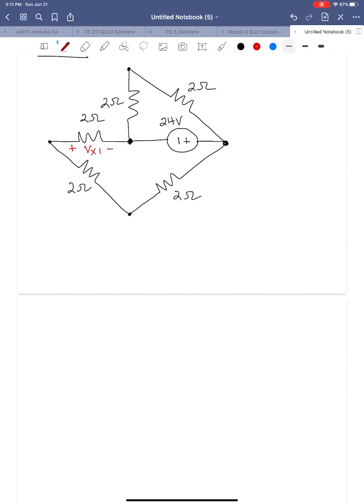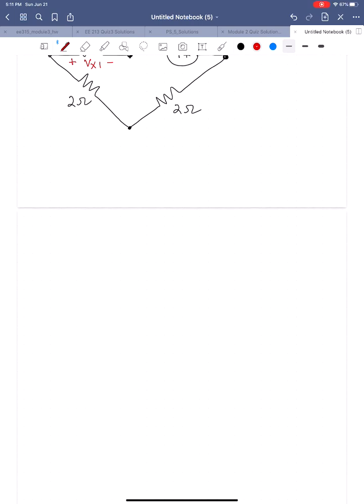So if we look at just the 24 volt source for a second, I'm going to draw that down here. And I am going to draw it in black. So here's 24 volts.